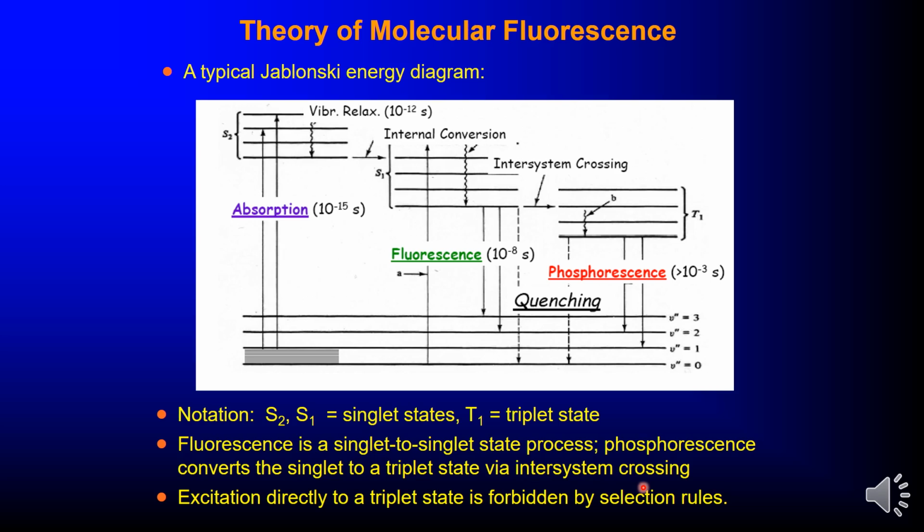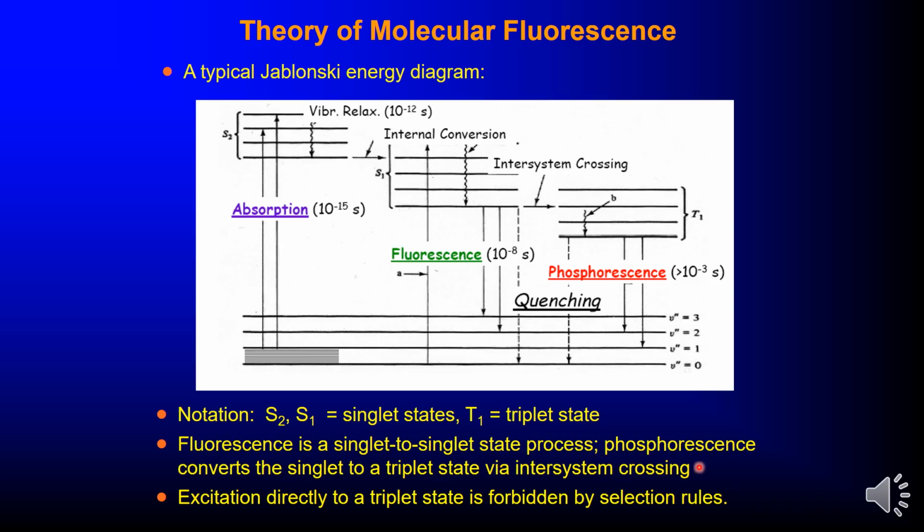That's where, when you are defining fluorescence, we say that it leads to no change in multiplicity. But for phosphorescence, there is a change in multiplicity, because there is a conversion from singlet state to triplet state.